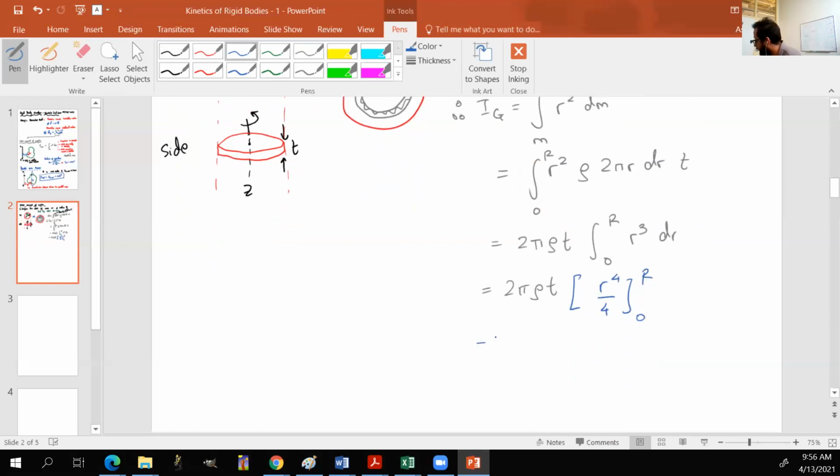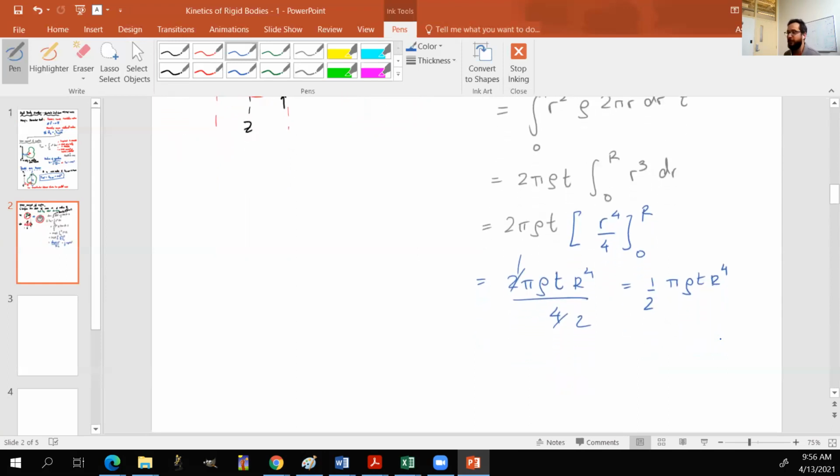So you're left with 2 pi rho t times R to the 4th divided by 4, minus the second term, which is 0, so I'm not writing that out. So the moment of inertia of a disk is 1/2 times pi times rho times t times R to the 4th.